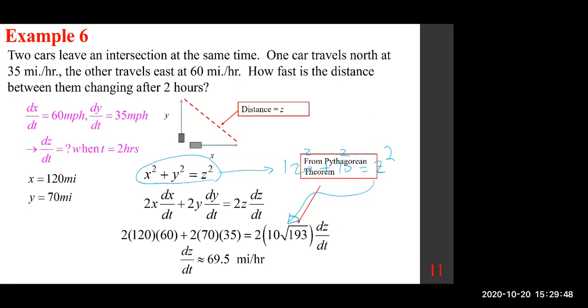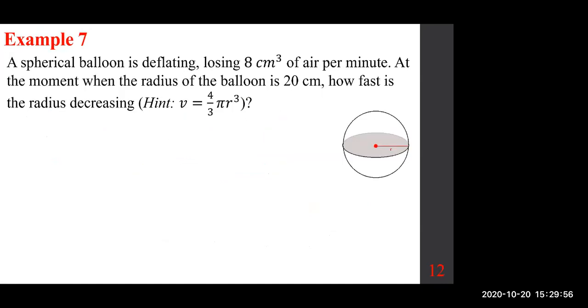All right. This is the same question we sort of started. The only thing I want you to notice, so a spherical balloon is deflating, okay? So I want you to pay attention to this and what it means.